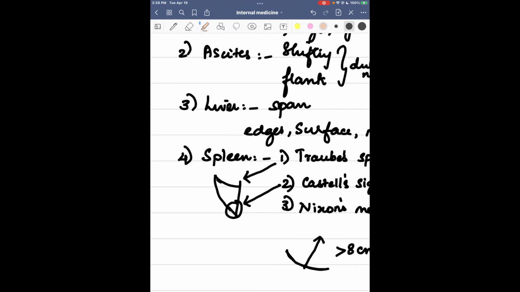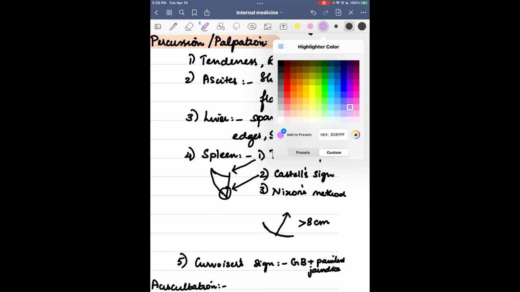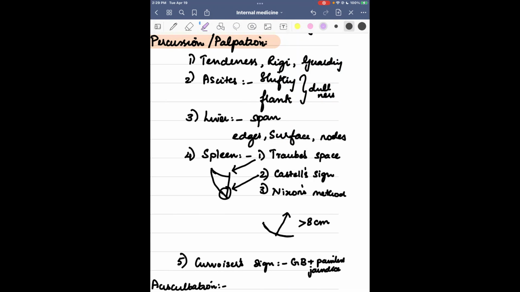And then we go for the spleen. So in the spleen, again, there are three methods. So one is by checking Traube's space, so the sixth costal rib superiorly, and the left costal margin inferiorly, and the anterior axillary line. I said it in the opposite direction.